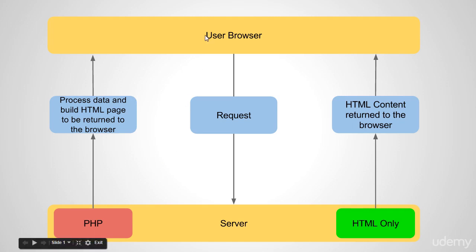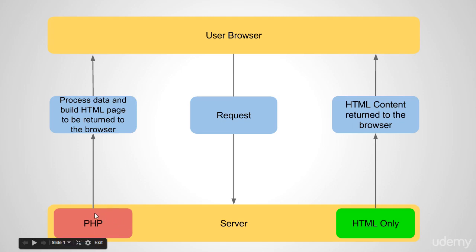So what's going to happen now is the user will still send a request to the server, but this time the file he's requesting is going to have some PHP code in it. So any data that the user will send to this file, it could be login details, it could be any kind of parameters.